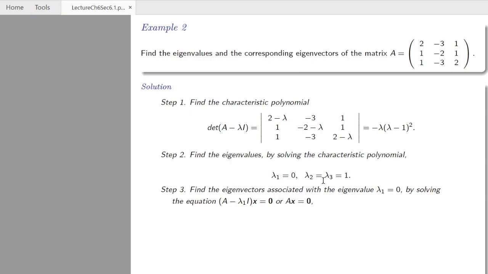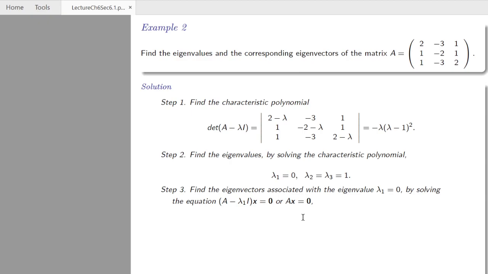Then we need to find the corresponding eigenvectors for the matrix A. So let's start with eigenvalue lambda 1, where lambda 1 equals 0. To find eigenvectors associated with lambda 1 equals 0, we need to solve the equation A minus lambda 1 I times x equals 0. But lambda is 0, so we need to solve the equation Ax equals 0.